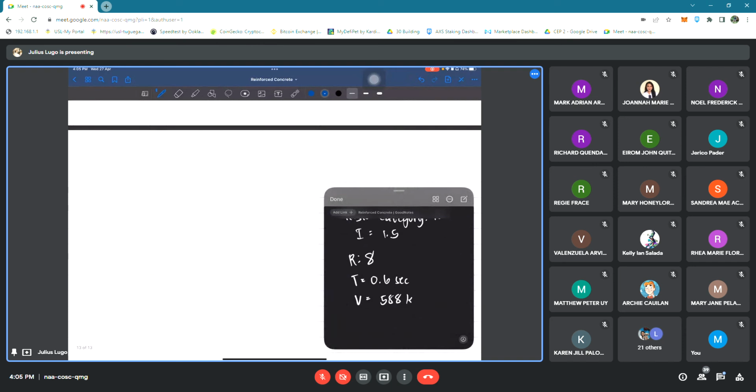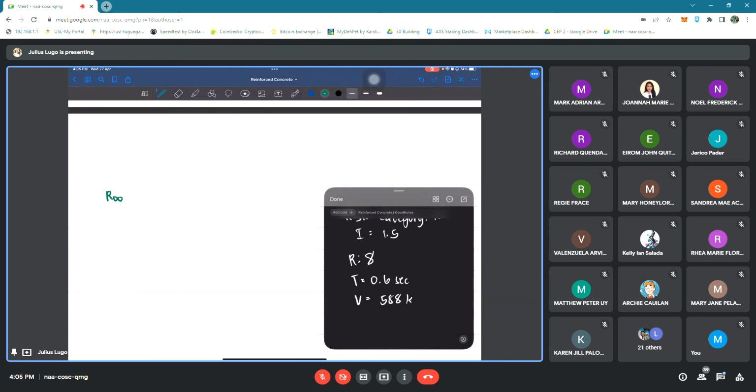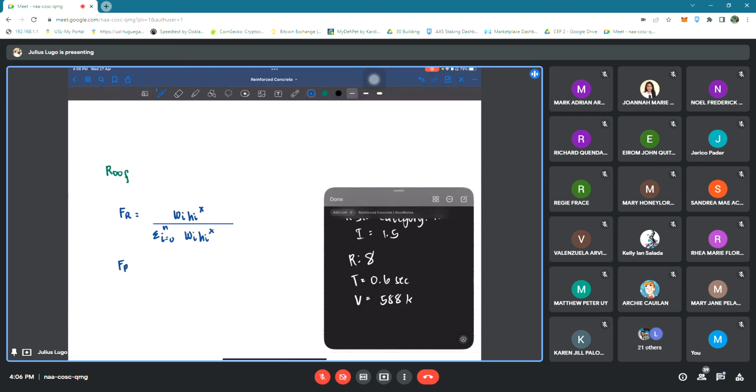Okay, for the roof, your formula is equal to W_i h_i raised to k over the summation of W_i h_i raised to k. So for the roof, what's the weight of the roof, guys?